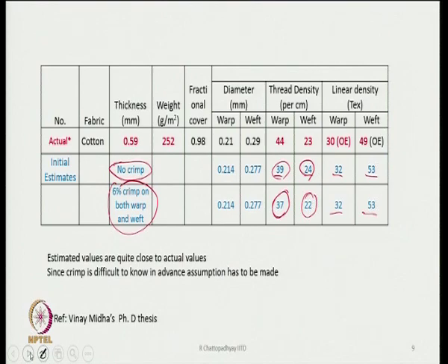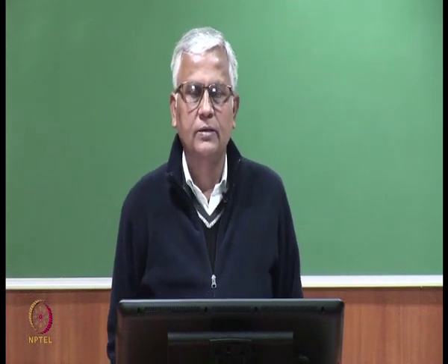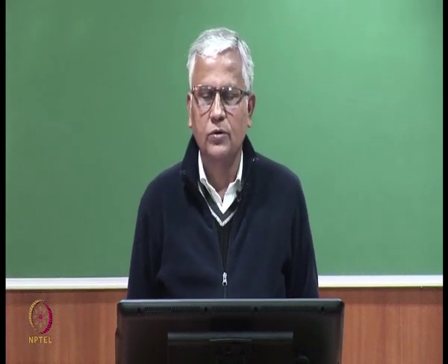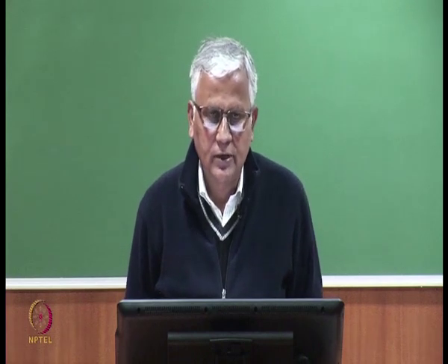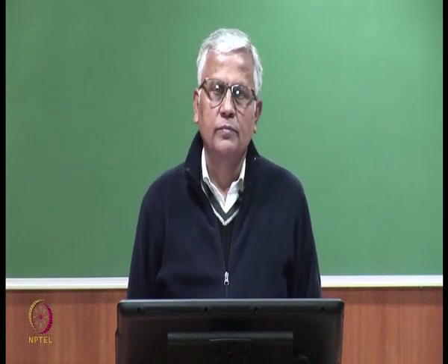With that we close this discussion on this example, and a similar logic can be followed, but we know there are certain difficulties, like crimp itself being very difficult to assume.